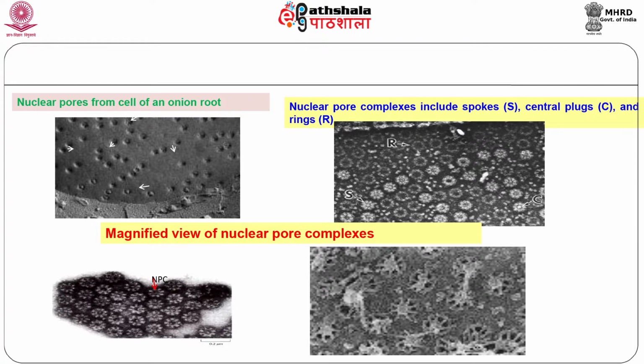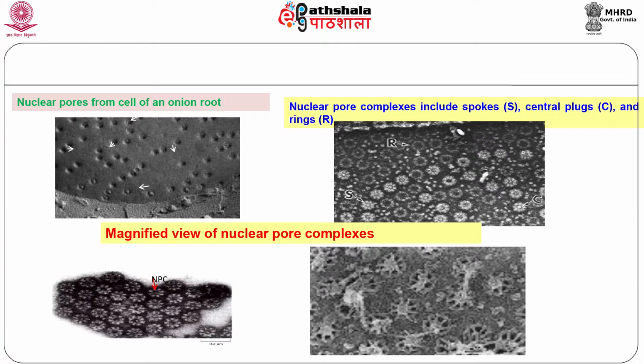We know that the nuclear envelope separates nuclear matrix from cytoplasm. Still, there is molecular exchange going on between the nucleus and the cytoplasm. This traffic occurs through nuclear pore complexes present in the nuclear envelope.